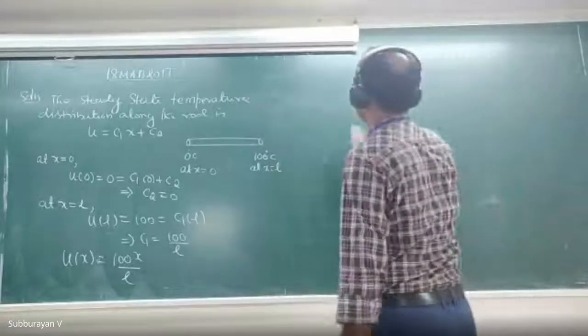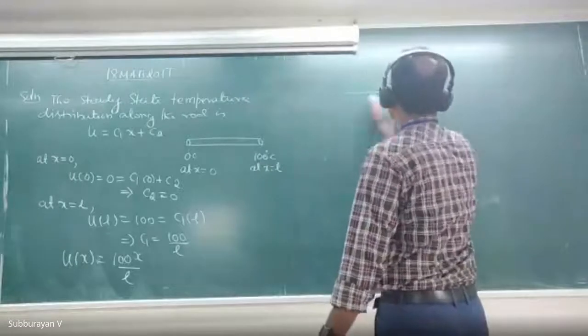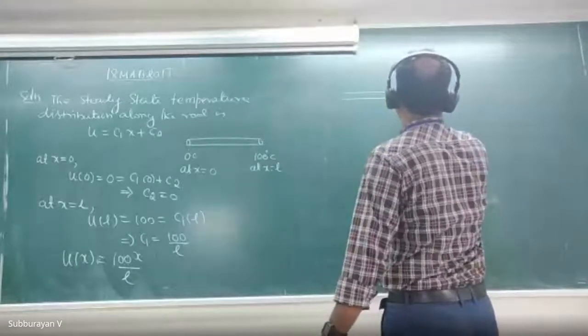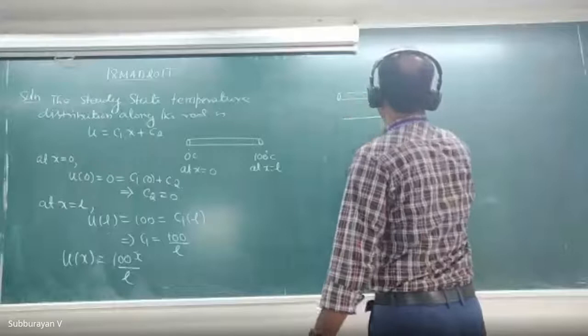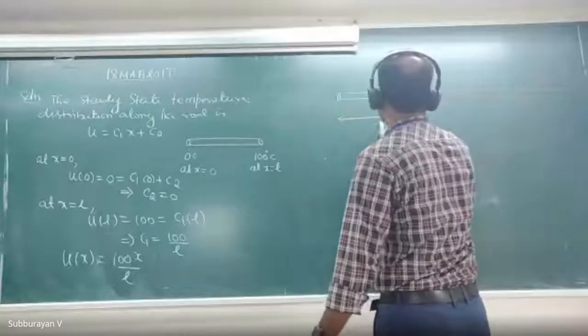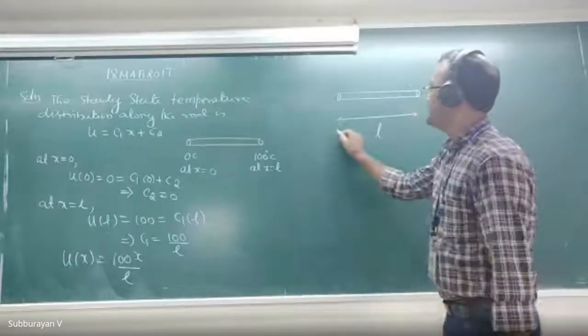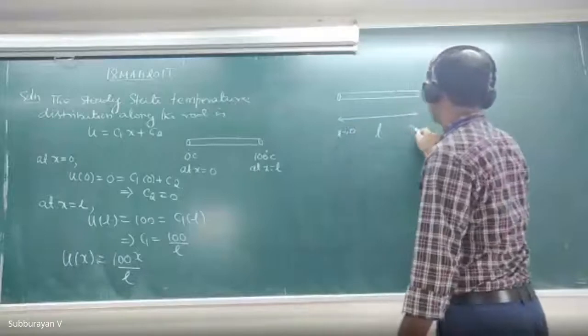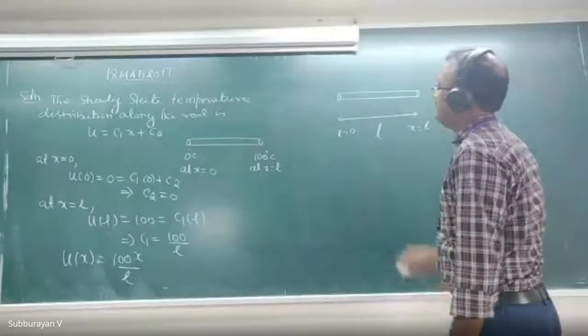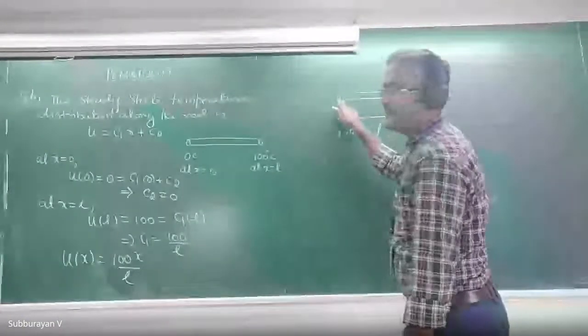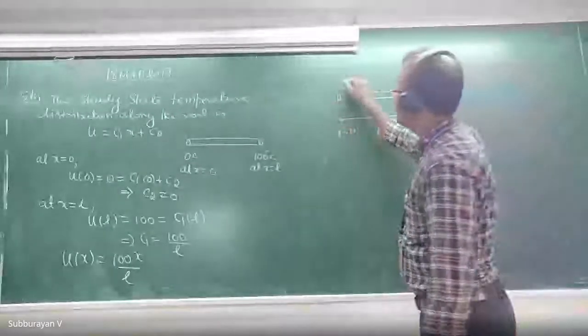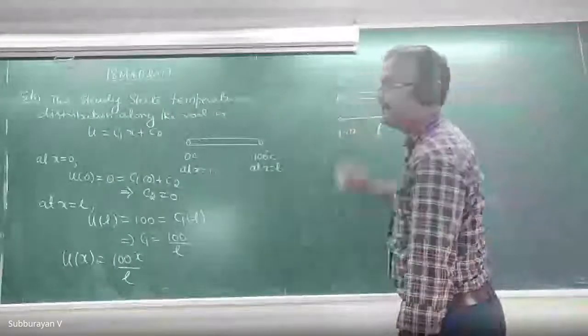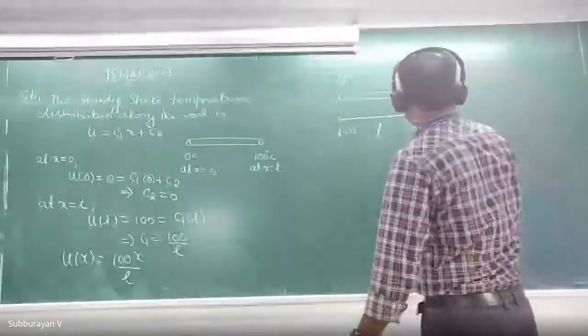Now look at the new geometry. This is the rod of length L. This is x equal to 0 and this is x equal to L. We are keeping the temperature at x equal to 0 at 0 degrees, and we are not disturbing it.